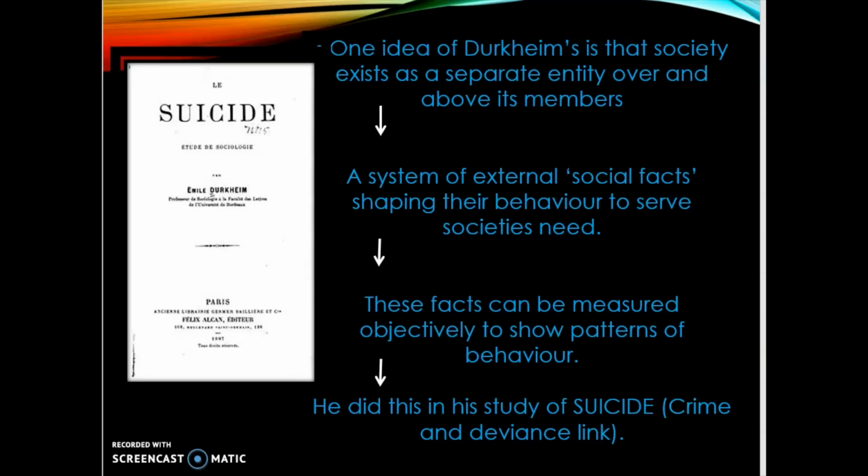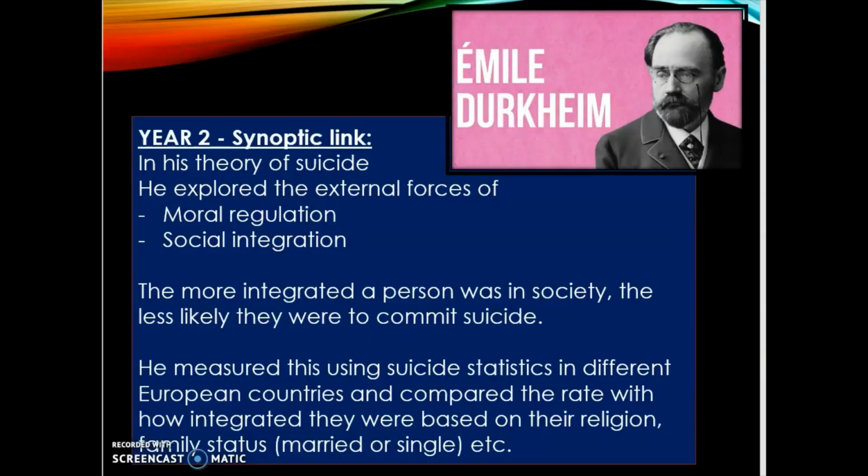So what he noticed was patterns of behaviour, and he wanted to know what was behind these patterns, and as a true positivist, he just wanted to know the cause and effects. So from year two, in his theory of suicide, he explored the external forces of moral regulation and social integration.